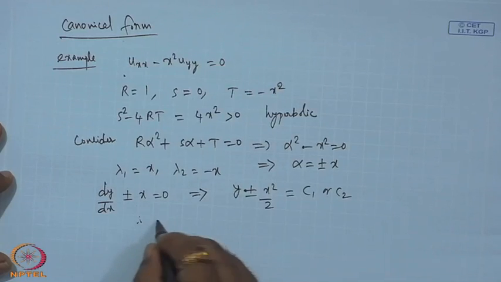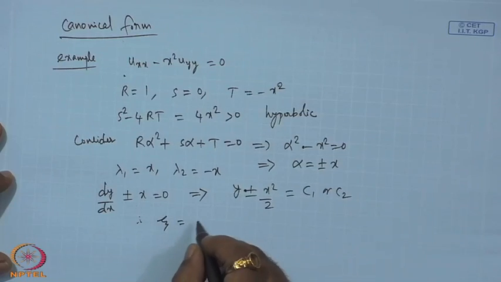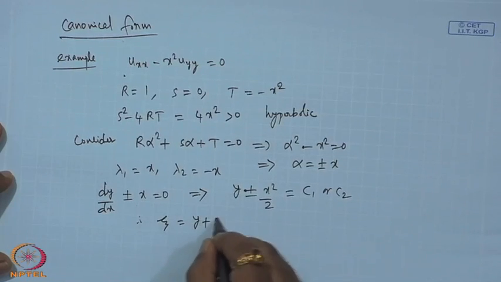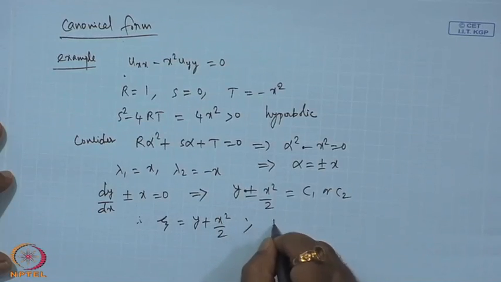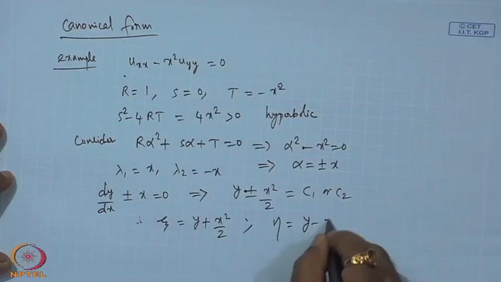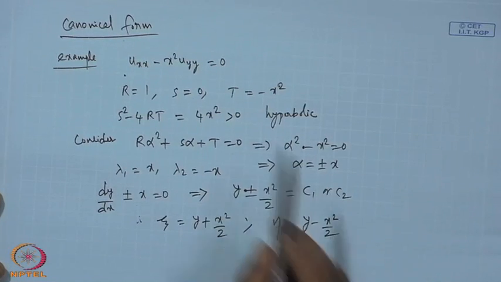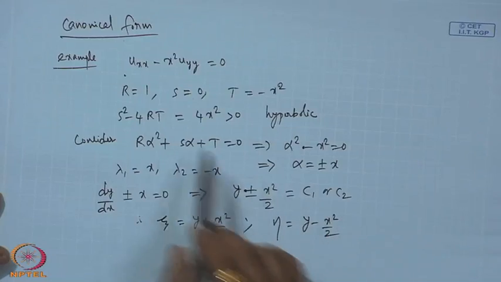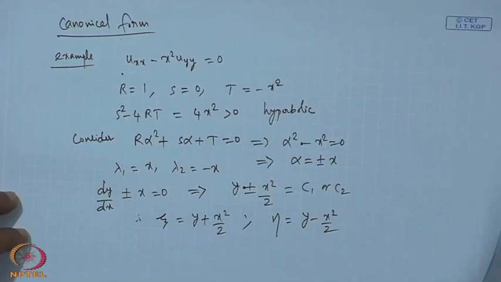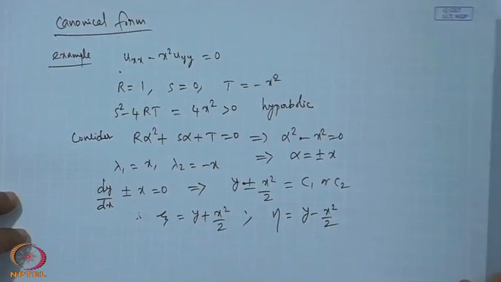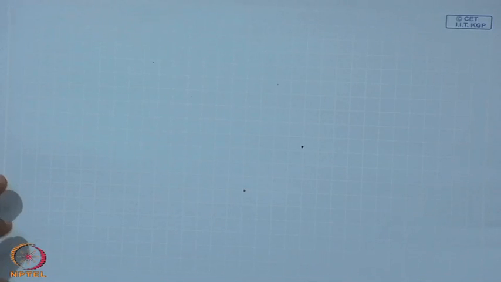Therefore, zeta equals y plus x square by 2 and eta is y minus x square by 2. That means, for this choice of eta and zeta only, this equation gets reduced to a specific form. So, that is the idea.